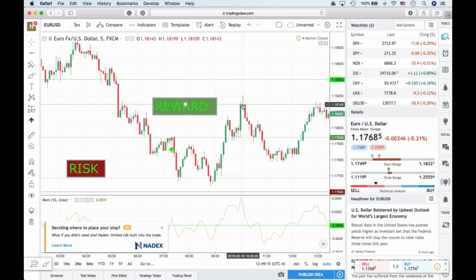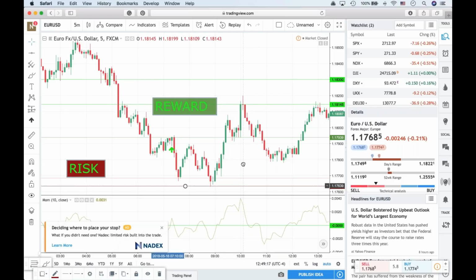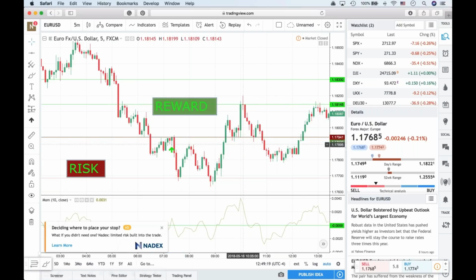But what we're gonna do next is move the stop to the entry point. So in this scenario, you hit the first take profit, the halfway, you got your profit, and then when you move your stop to the entry point, in case the market is reversing on you, you've been stopped out with zero loss, but with half of the profit.